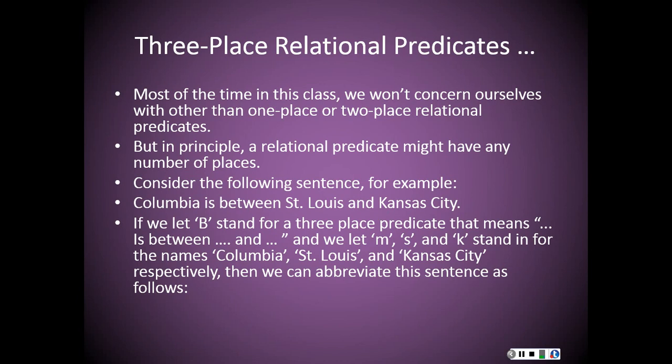And then we can abbreviate this English sentence, Columbia is between St. Louis and Kansas City, into predicate logic as follows: BMSK. That sentence says Columbia is between St. Louis and Kansas City. And once again, the order of the names is quite important here. If we mix the names around, this sentence ends up saying different things.